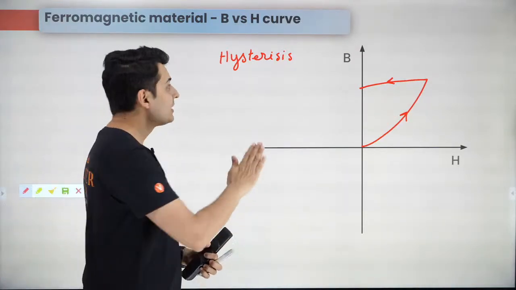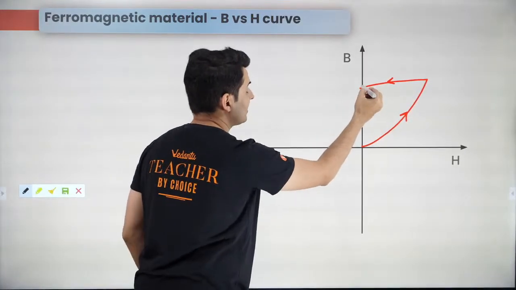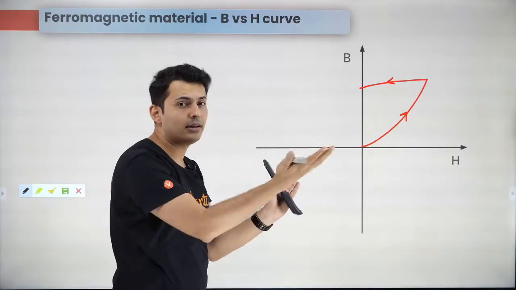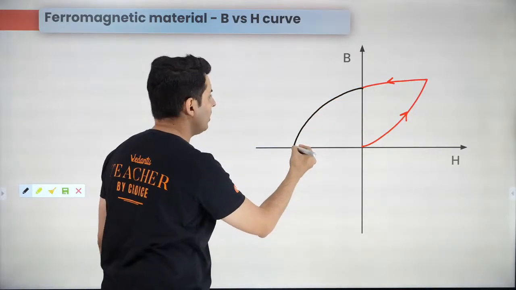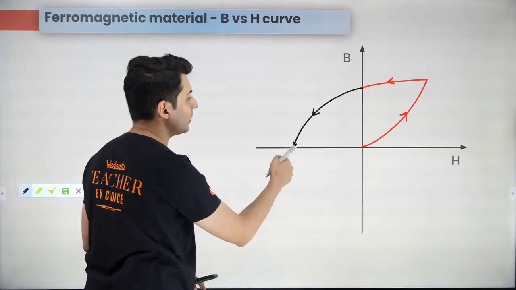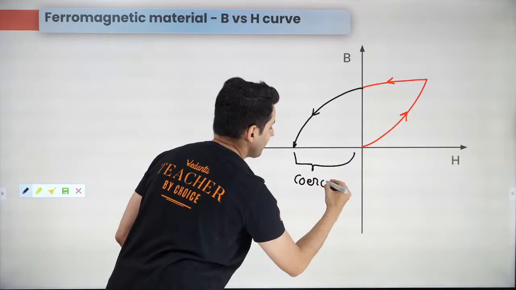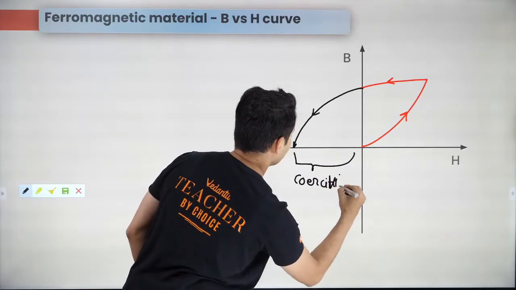Very important. Similarly, if you take that same material and apply external field in the opposite direction, then you have to apply some amount of external field to make the induced field zero. That much is called coercivity.